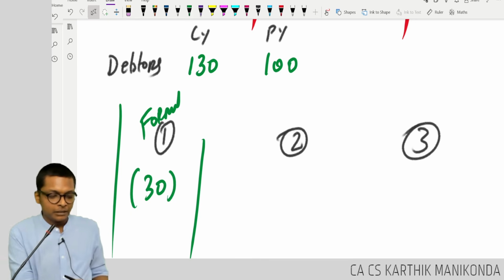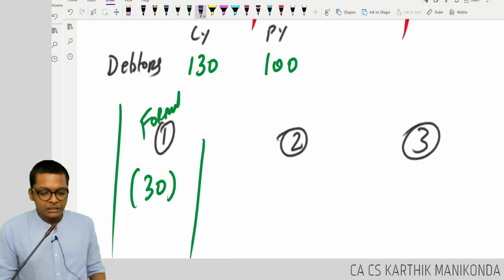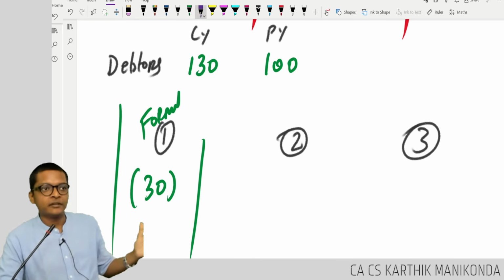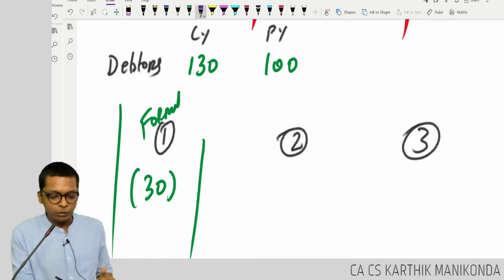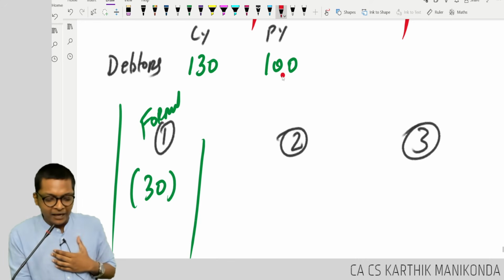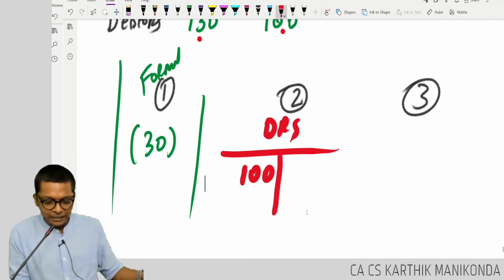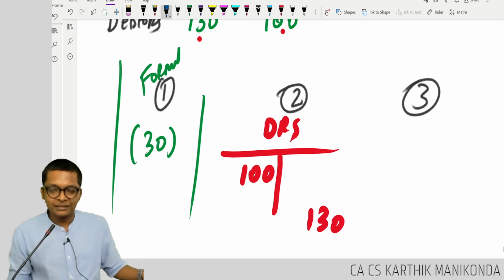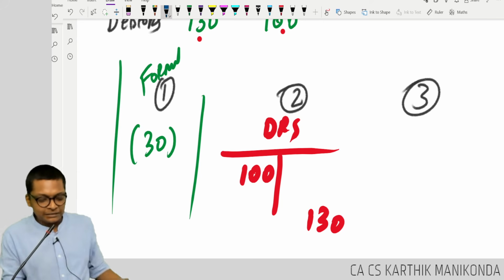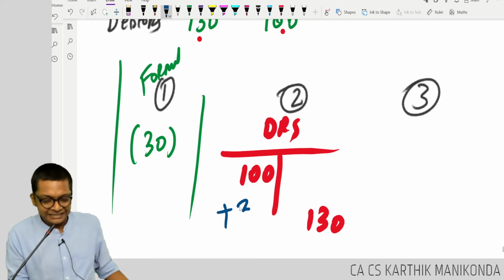Second. Next, let me come to detailed logic, sir. That I spent half an hour on. Now that you know detailed logic, if 100 became 130, let me prepare the debtors account. So opening balance is 100, closing is 130. That means debtors increased, so you have current year sales.